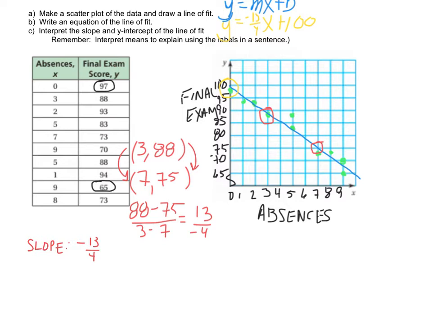Basically, when we talk about the change in the y's, which is my numerator, that is talking about our exam scores. Then remember, our absences are the x, or change in x, at the bottom in the denominator. So my slope really, in this case, represents your score drops 13 points per 4 absences.